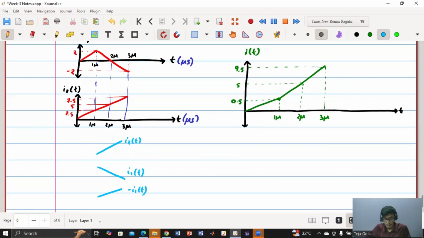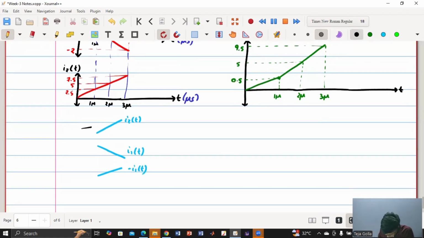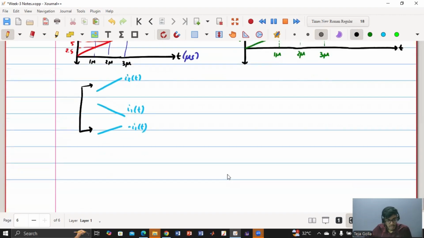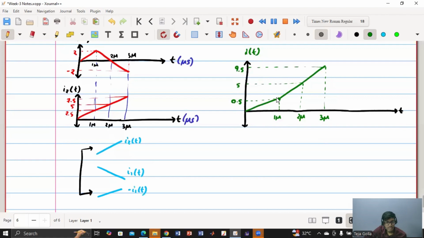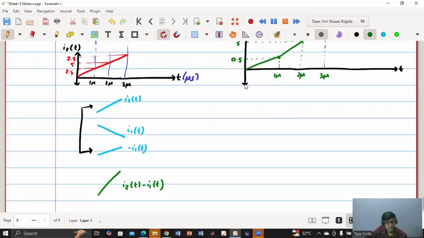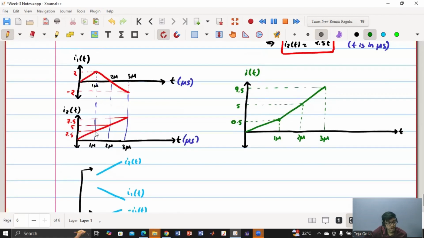Now I am adding these two. If I add, I'll have something with a very high slope because both have positive slope. So this will be I2 of t minus I1 of t. I know that it's a straight line and I have to find the middle points. At 1 micro, this is 2.5, this is 2, so 2.5 minus 2 is 0.5.